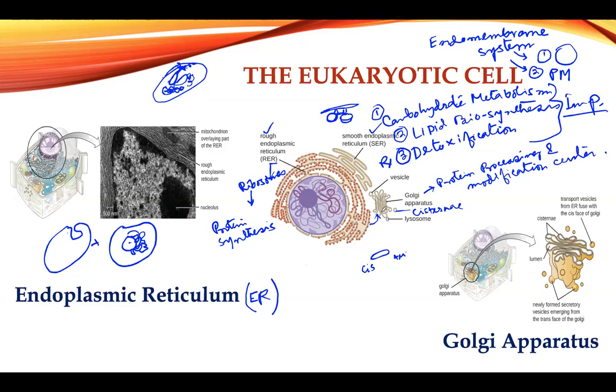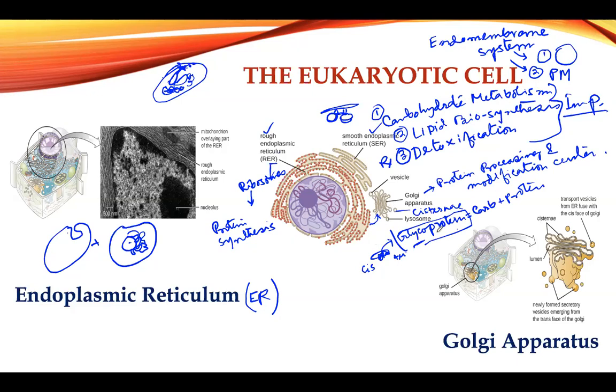Anyway, when that protein reaches here, the Golgi actually modifies it, purifies it, or maybe makes it larger. Sometimes, like glycoprotein, what happens? Glycoprotein means the combination of carbohydrate plus protein, right? The production of glycoprotein occurs inside the Golgi apparatus.